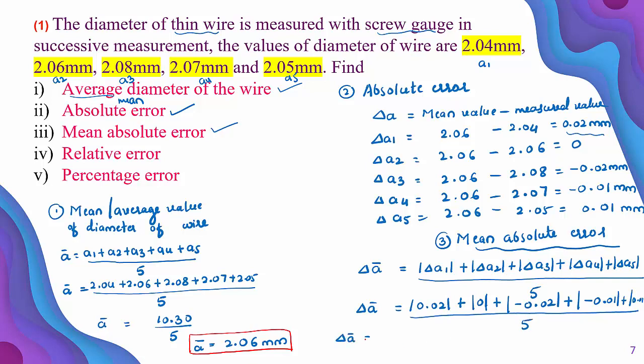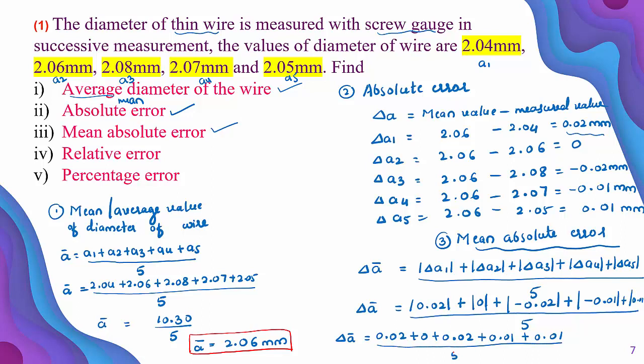So mod of 0.02 is 0.02 plus 0. Mod of minus 0.02 is again positive because we are using mod here. So we want only positive magnitude. Minus 0.02 can be written as plus 0.02 because we used mod. Then plus 0.01 plus 0.01 divided by 5.